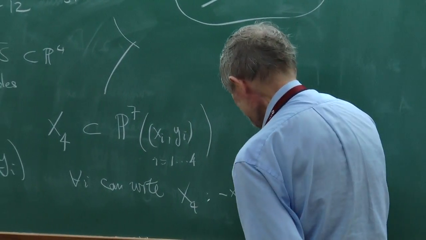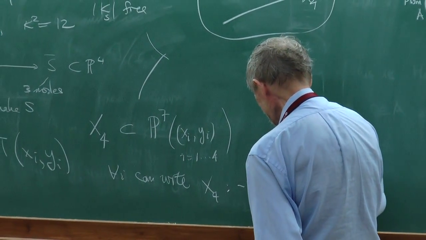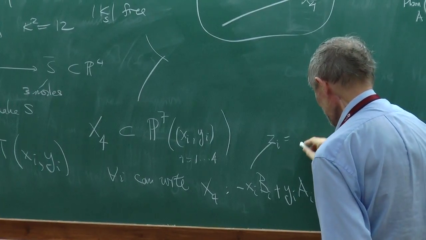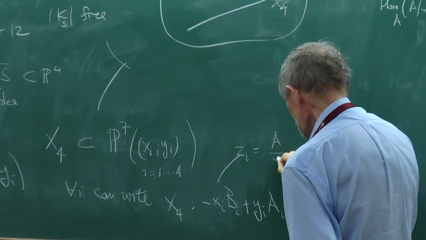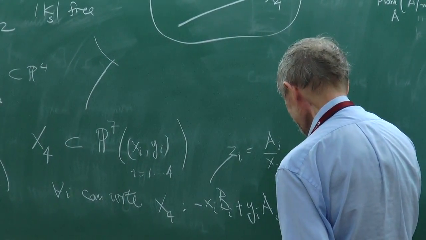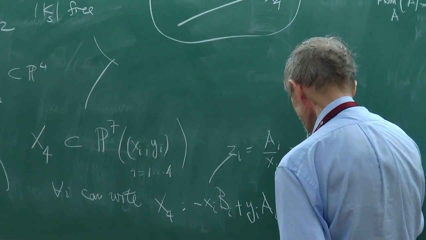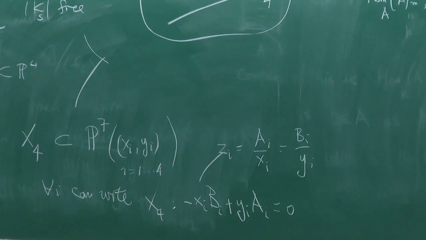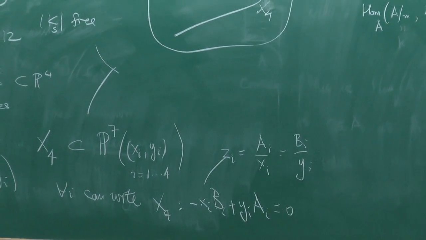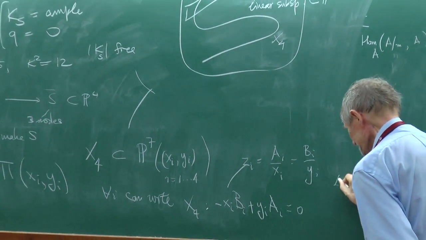Right? And so this says introduce zi, which is exactly the formula I had before, ai over xi equals bi over yi. Yes? And I do this 4 times.